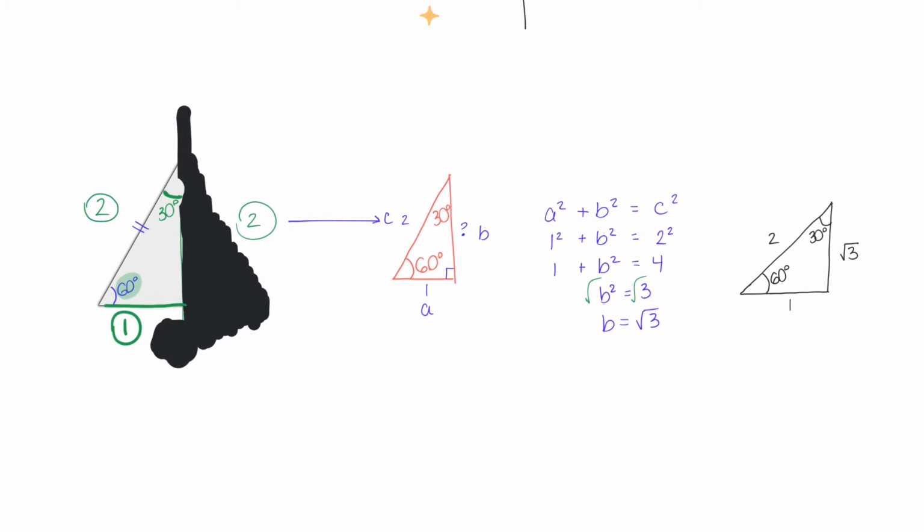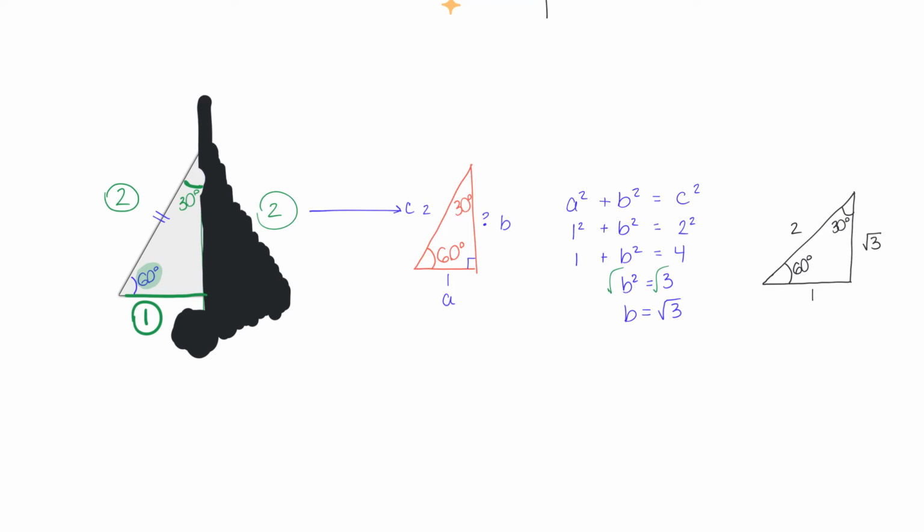If you want to look at the progression we just worked through one more time, we took an equilateral triangle. We said that each side was 2. We cut it in half. That gave us a base of 1, a hypotenuse of 2, and left us to figure out our height.